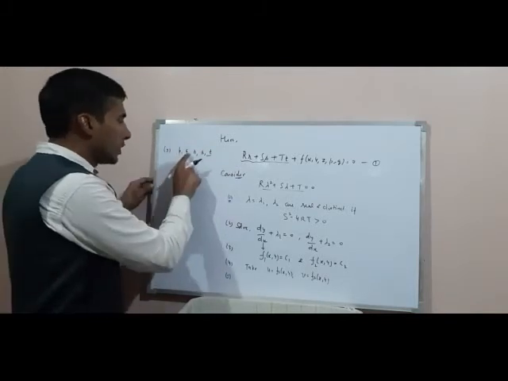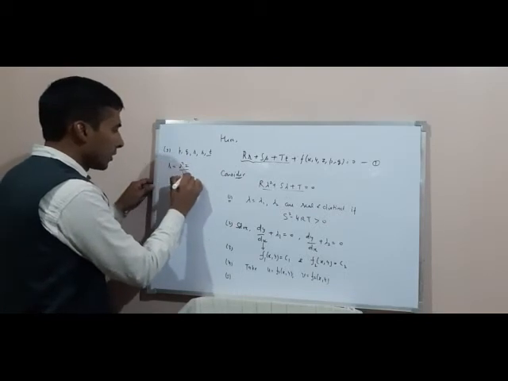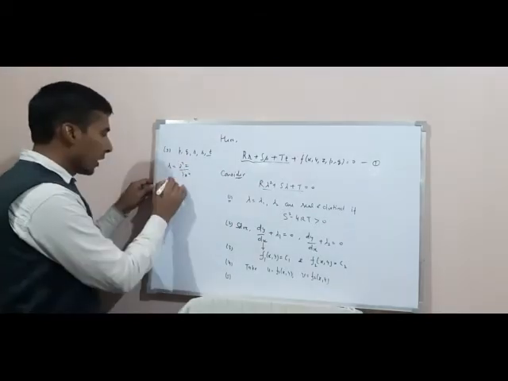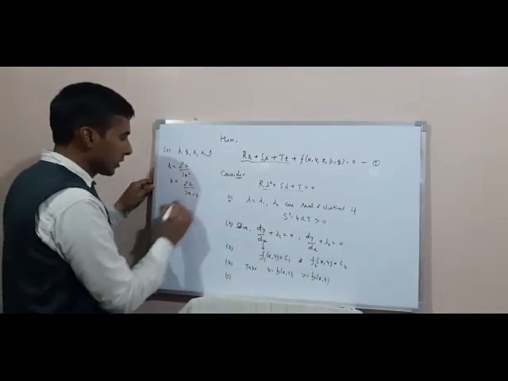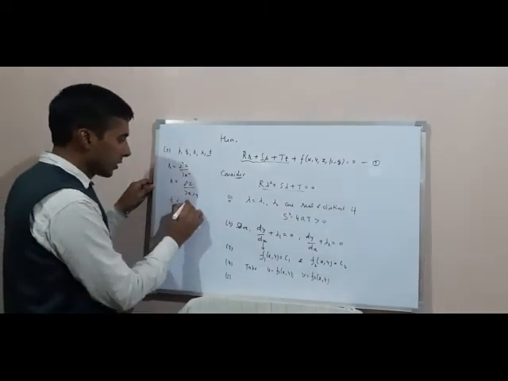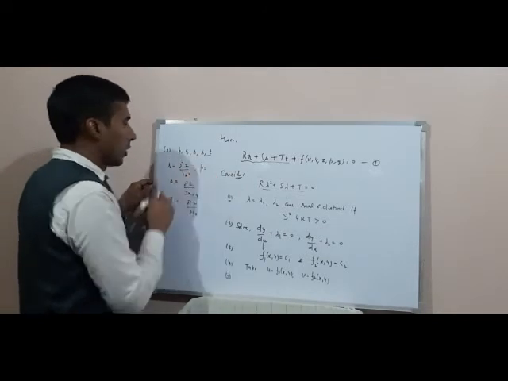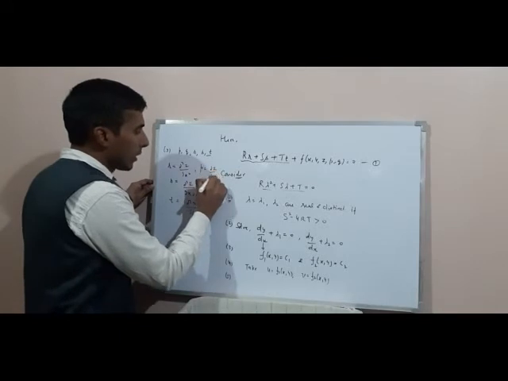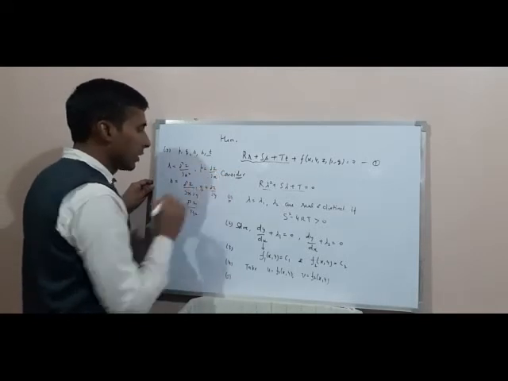I have already told you that r is ∂²z/∂x², s is ∂²z/∂x∂y, t is ∂²z/∂y². Now p is ∂z/∂x and q is ∂z/∂y.